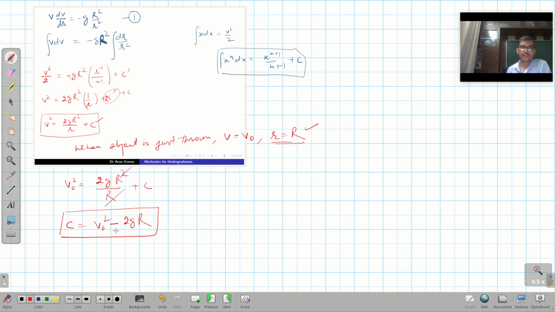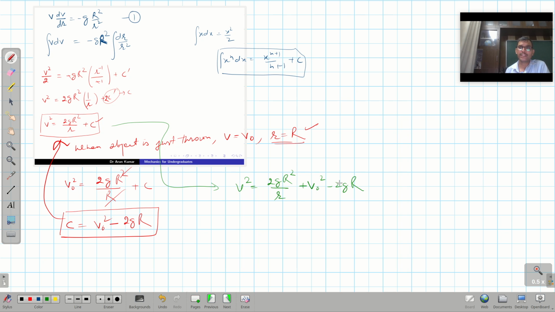Therefore, if we substitute this value in this equation, then it becomes v square equal to 2gR square over small r plus v naught square minus 2gR. That's what we are getting.